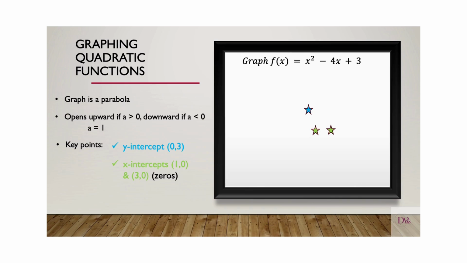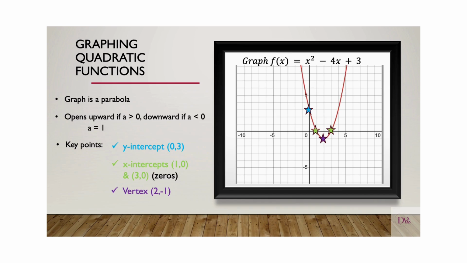Last but not least, we have our vertex point, which is our minimum value. Our vertex is (2, -1). Once we have those particular points, we draw our parabola. Great job.